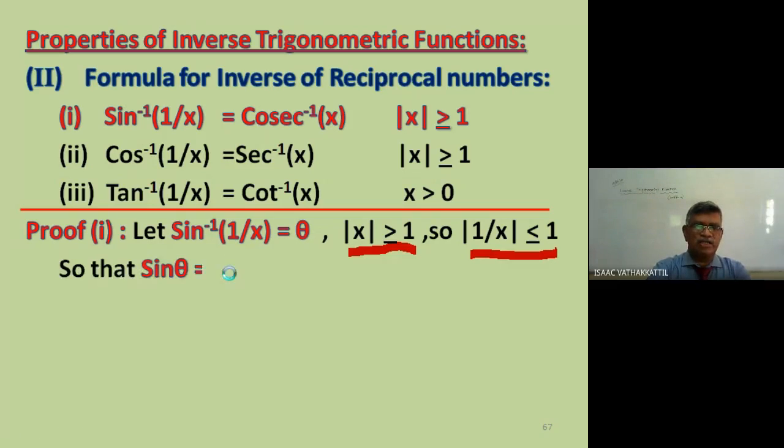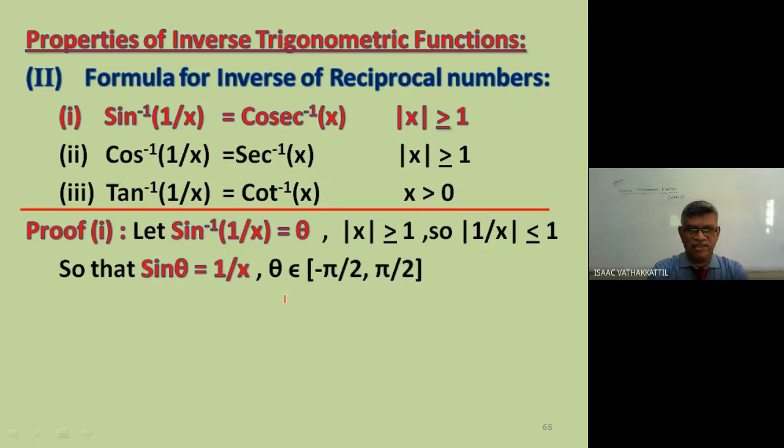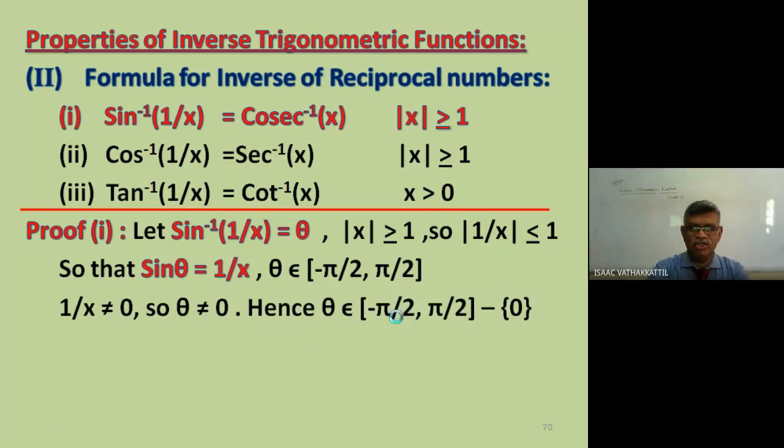Sin inverse 1 by x equal to theta, so that sin theta is 1 by x. Now, actually, theta belongs to minus pi by 2 to pi by 2. But 1 by x cannot be 0. So sin theta cannot be 0, so theta cannot be 0. That means theta belongs to minus pi by 2 to pi by 2, but not 0, as 1 by x cannot be 0 for any value of x.